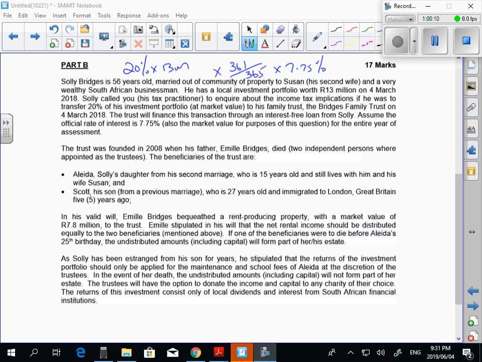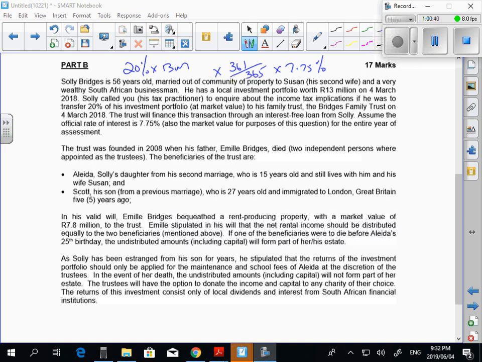So guys, when you do section 7C, what are you going to do? You're going to say there's an interest-free loan, section 7C deems a donation to take place, based on the interest that hasn't been charged. Calculation: 20% times 13 million times 361 over 365 times 7.75% equals, can we just guess, say 200,000 bucks, is that right?